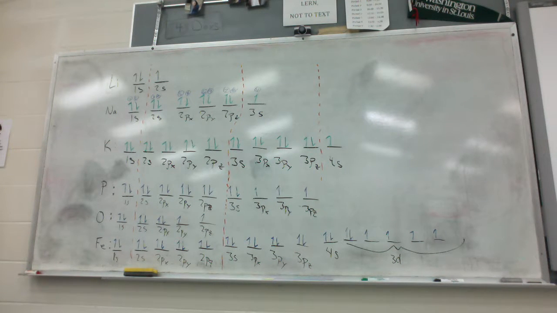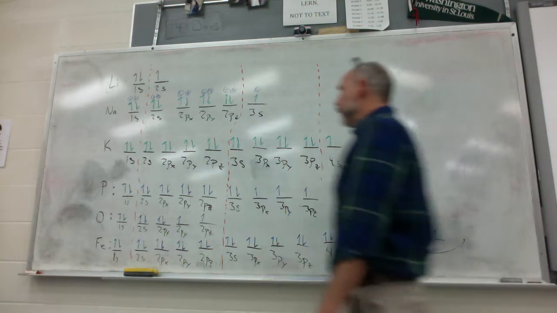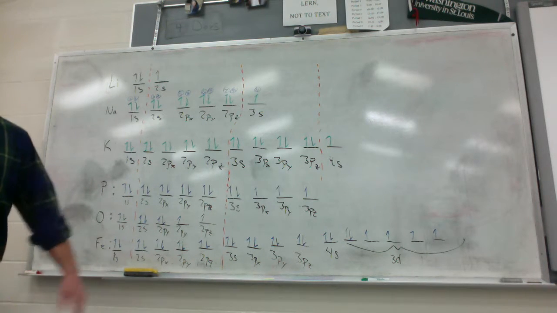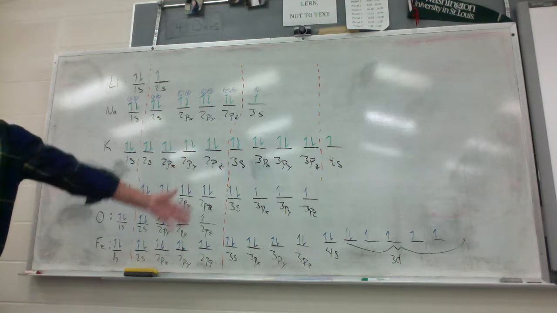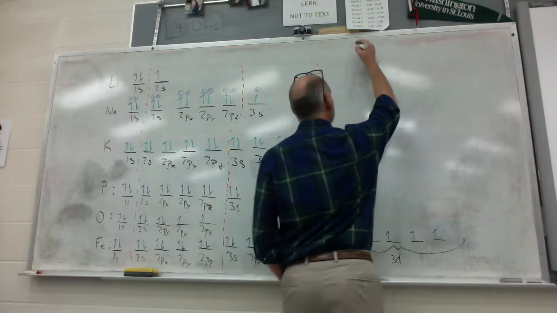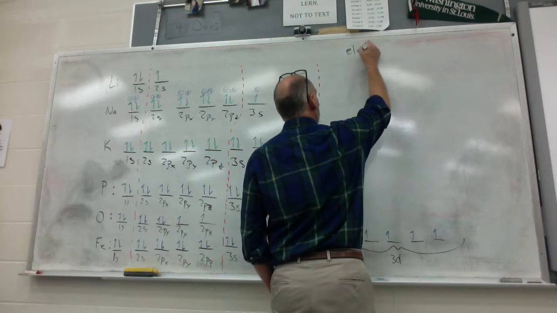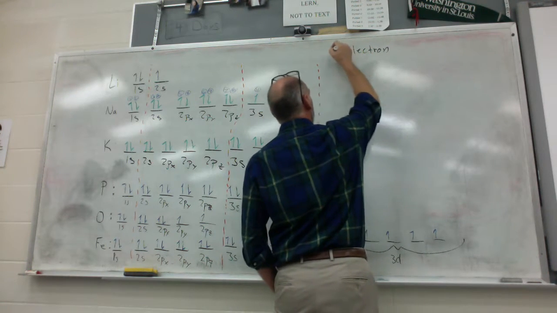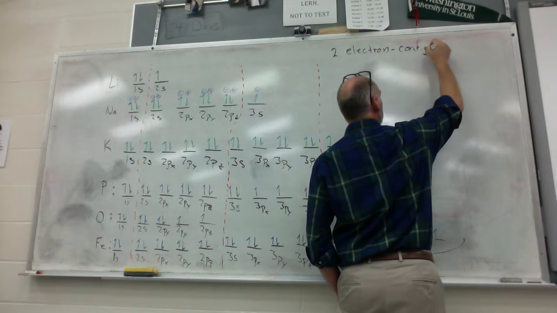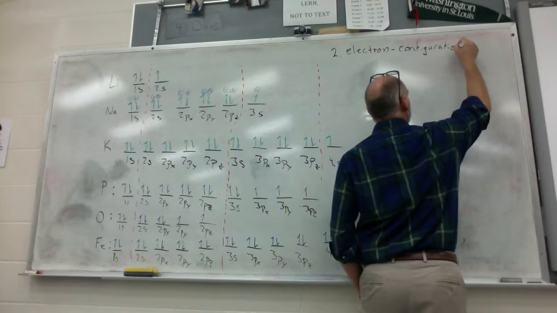So what I want to do next is start looking at a shorter way. Orbital notation is huge. I mean, we're talking 63 electrons, nearly 3 times as much as we have here for iron. The next type is called electron configuration notation. This is number 2, by the way.